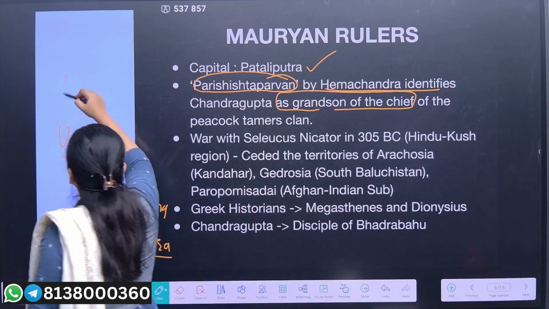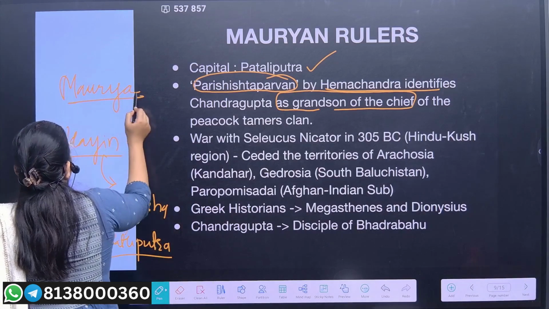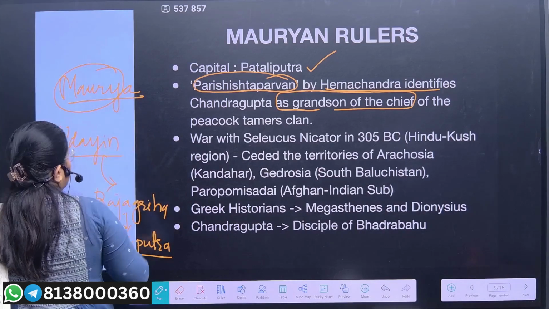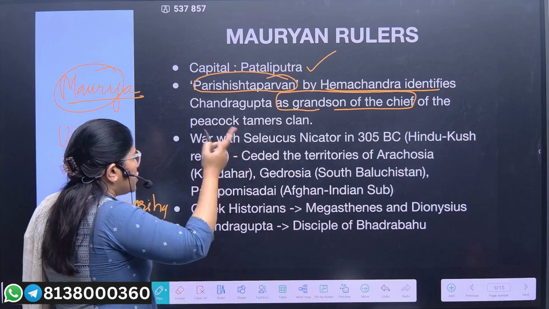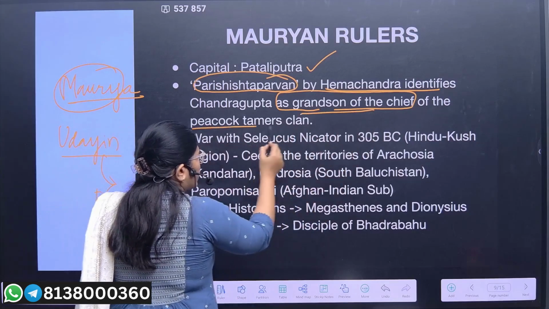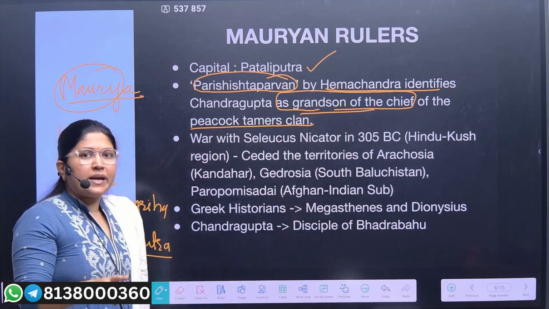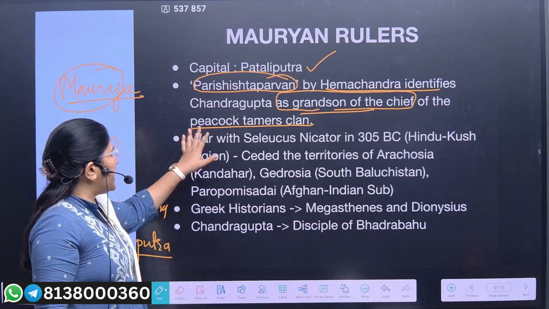Now what is meant by Maurya? Maurya means peacock, right? And that is why, according to Hemachandra, Chandragupta Maurya is a grandson of the chief of the peacock clan, and that is why he is known as the Mauryan. That is why the title is given as Maurya.